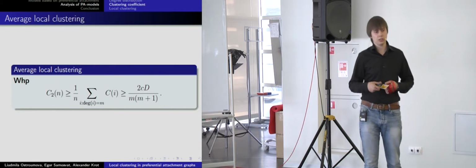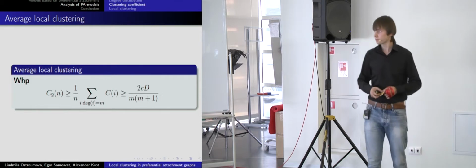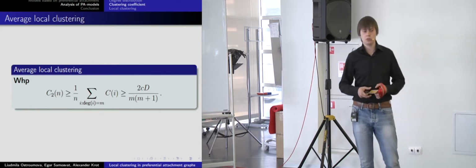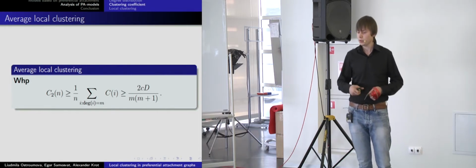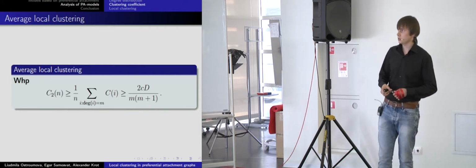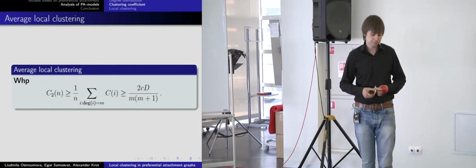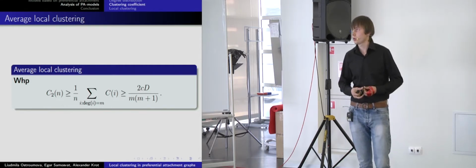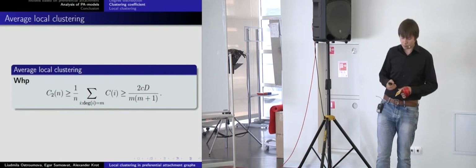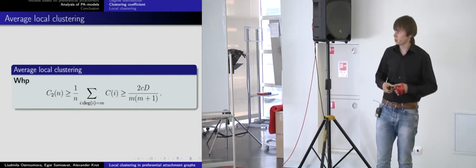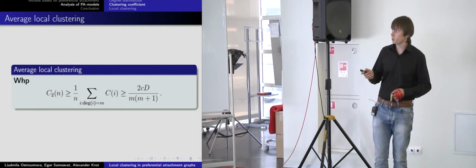The degree of a new vertex is m, because we add m edges, and as you remember, we also add D triangles, and each of these triangles contains the new vertex. And if we change the sum over all vertices to the sum over vertices which have degree equal to m, we have such a bound.